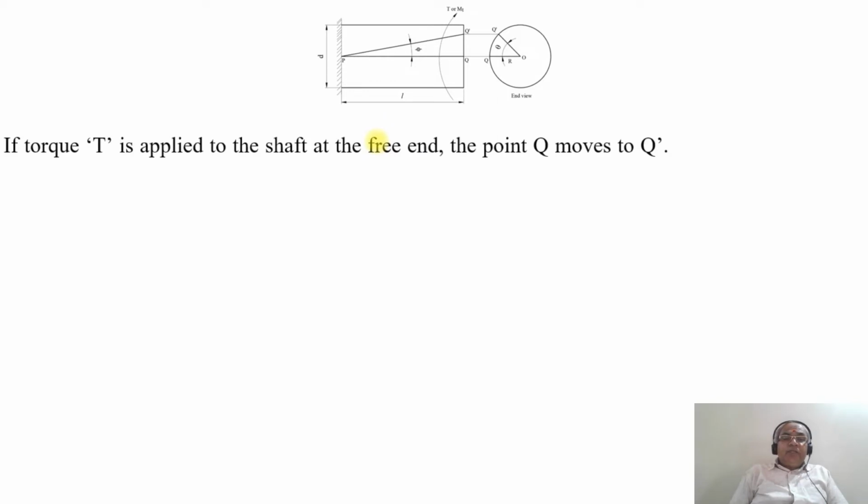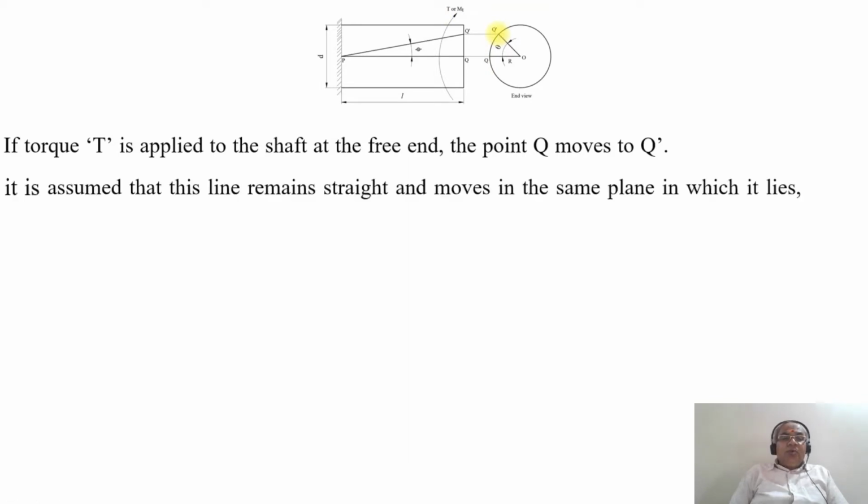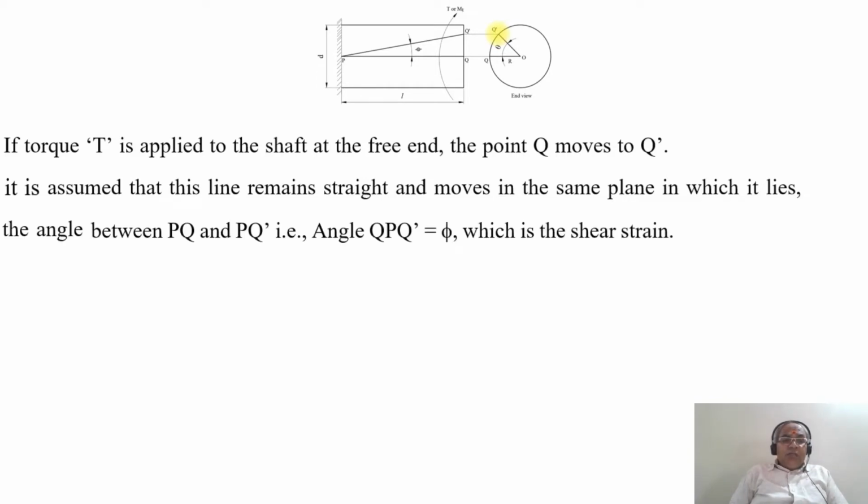If the torque T is applied to the shaft at the free end, then point Q moves towards Q dash. It is assumed that this line remains straight and moves in the same plane in which it lies. The angle between PQ and PQ dash, angle QPQ dash, will be phi, which is the shear strain.